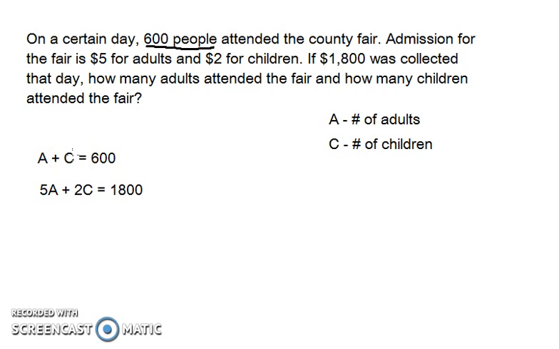We don't have that, but what we can do is, when you have an equation, you can manipulate it any way you want as long as you do the same thing to both sides. So we're going to multiply both sides of this equation by -2.